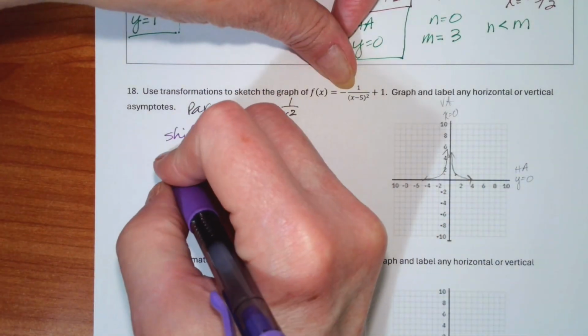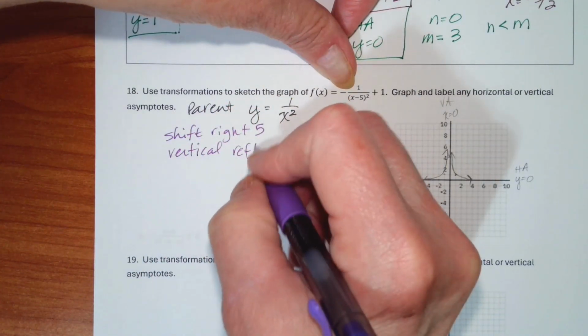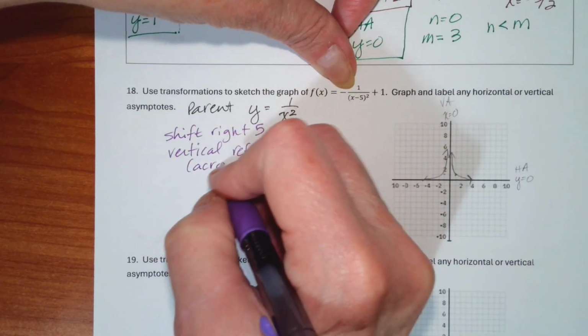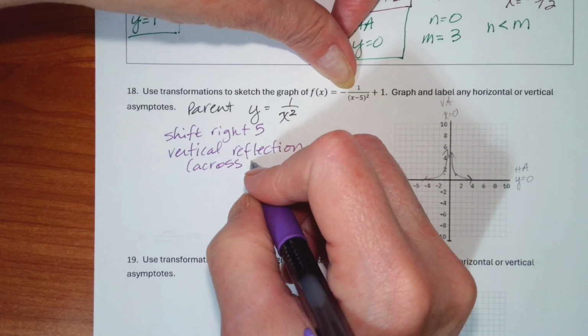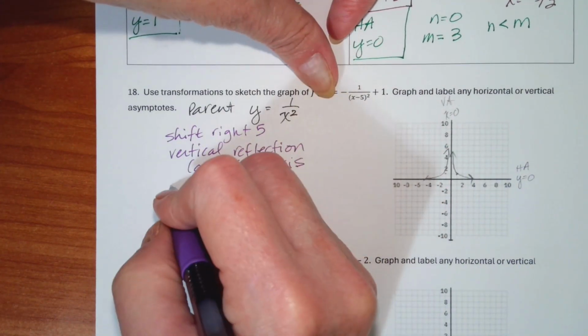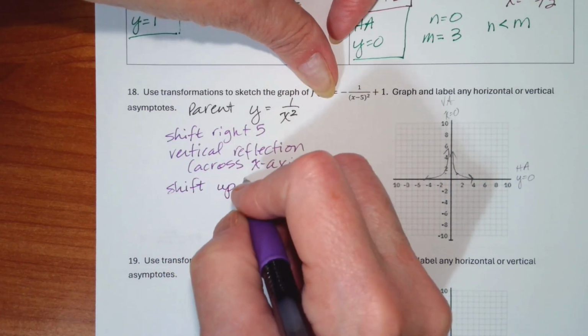Then I have a vertical reflection, which is across the x-axis. And then I'm going to shift up 1.